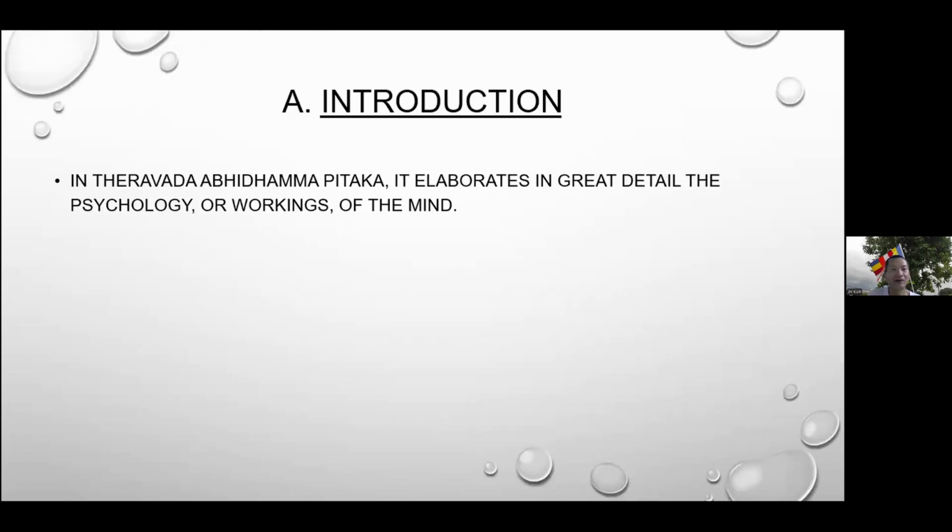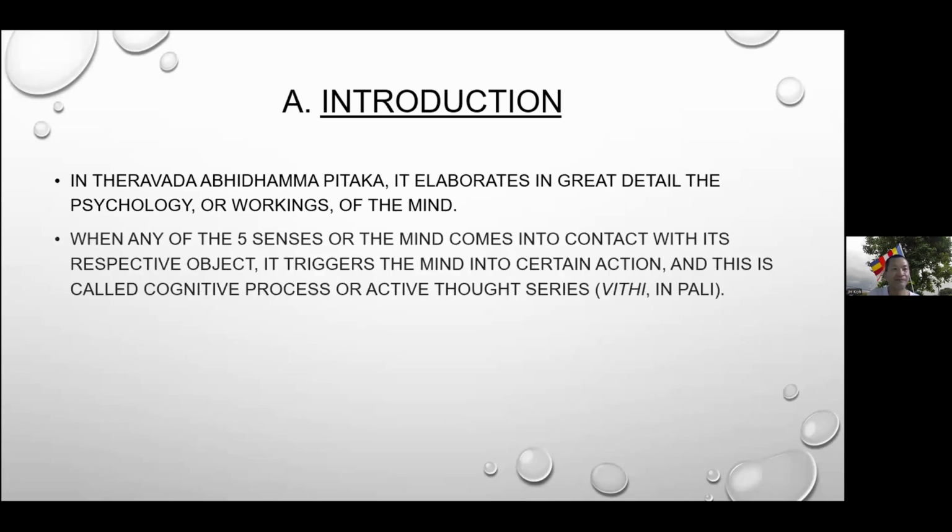So, introduction. In the Theravada Abhidhamma Pitaka, it elaborates in great detail the psychology, or the workings of the mind. When any of the five senses or the mind comes into contact with its respective object, it triggers the mind into certain action.